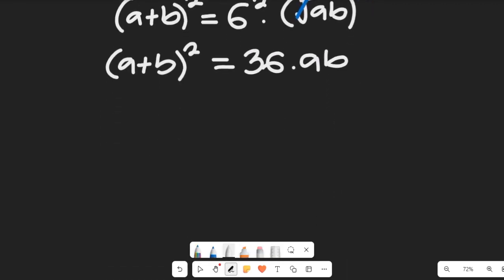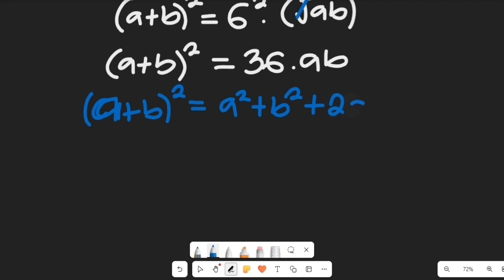From this expression, I can expand (a plus b) squared because we have an algebraic expression. Let's recall that if you have a plus b, we will have (a plus b) all squared, and that can be equal to a square plus b square plus 2ab, right?